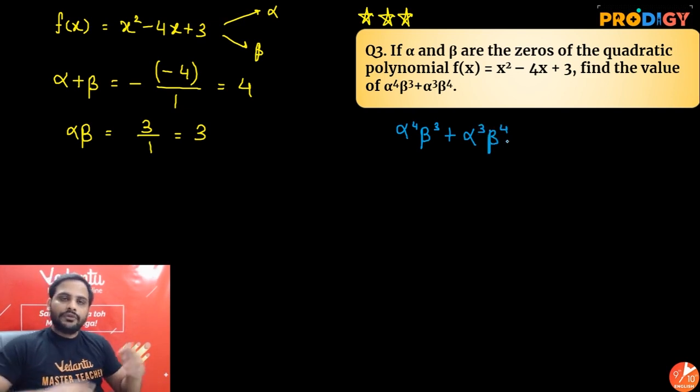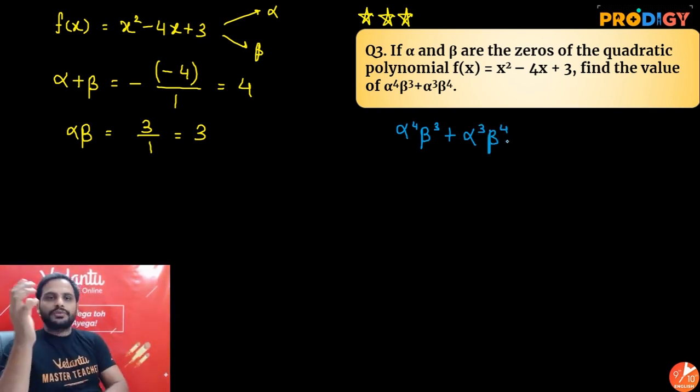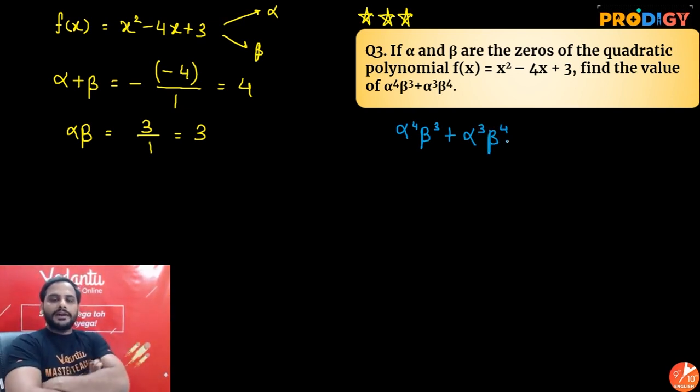Now what many students will do, they might find the values of alpha and beta and then solve it further. But sometimes the quadratic equation is given in such a way that the roots are irrational.